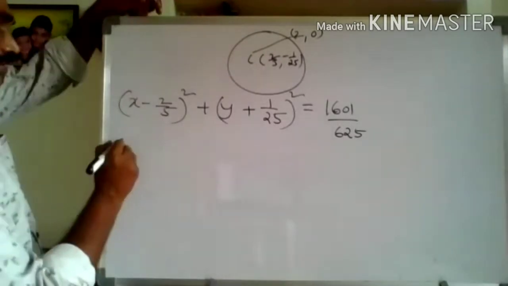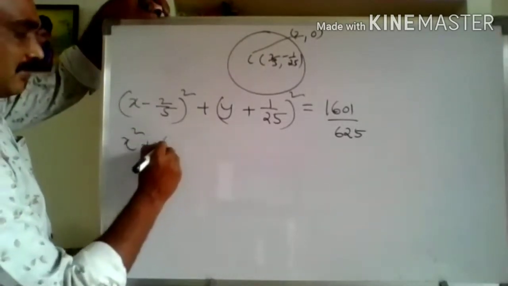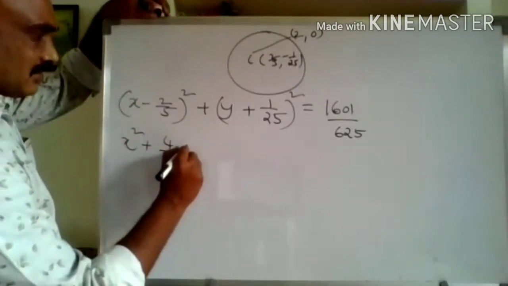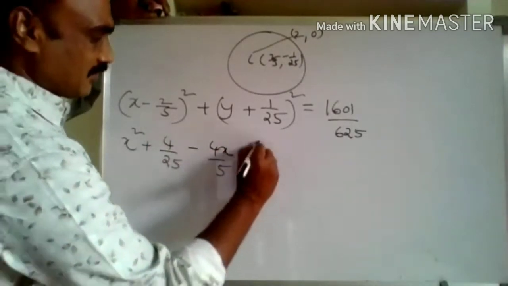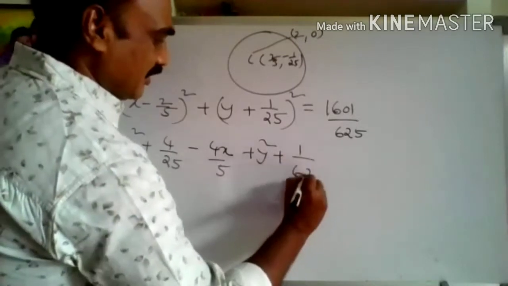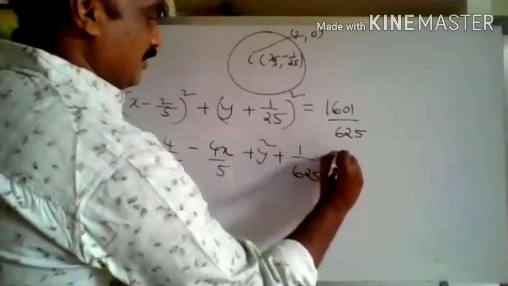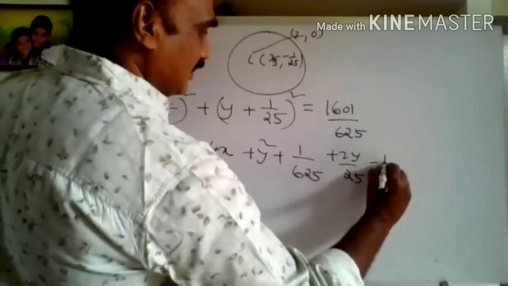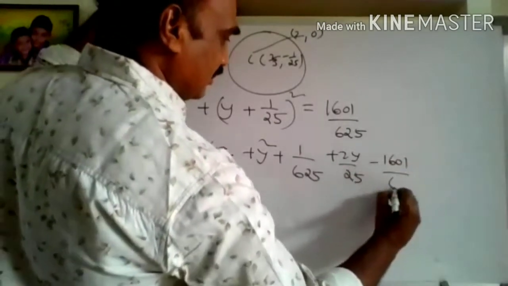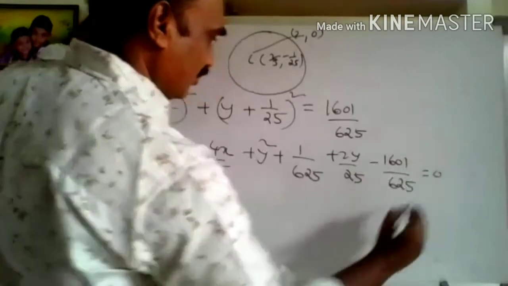Expanding: x square plus 4/25 minus 4x/5 plus y square plus 1/625 plus 2y/25 minus 1601/625 is equal to 0.